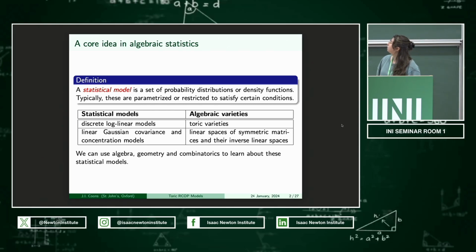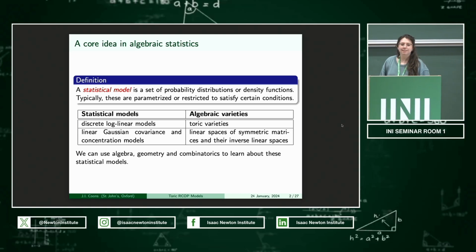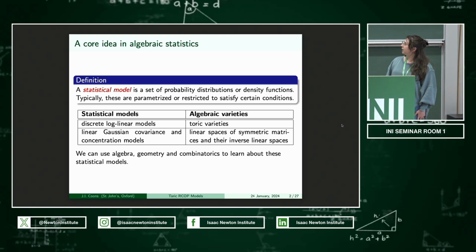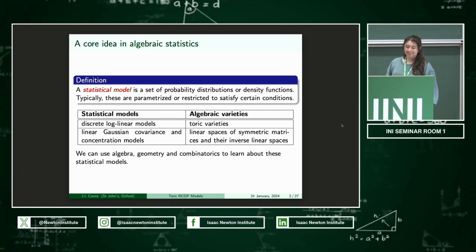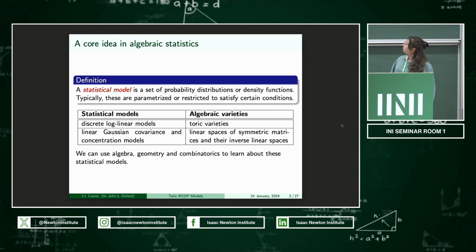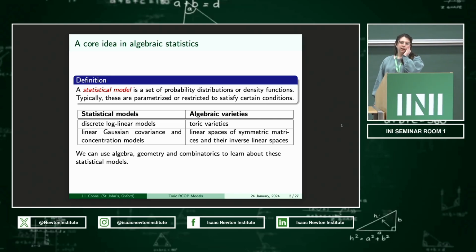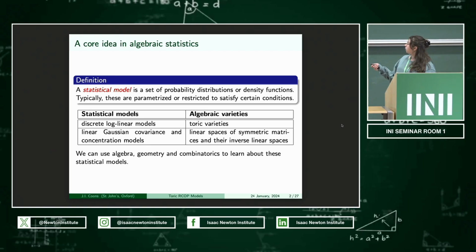It's a little bit of a dictionary, a couple of examples here. In statistics, you might think about discrete log linear models. But on the algebraic side, if you take the Zariski closure of one of these, you just get a toric variety. You can use toric geometry to learn about it. The type of models I'll be thinking about today are linear Gaussian concentration models. Could also have linear covariance models.